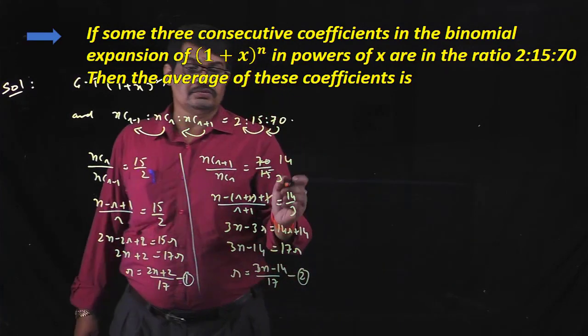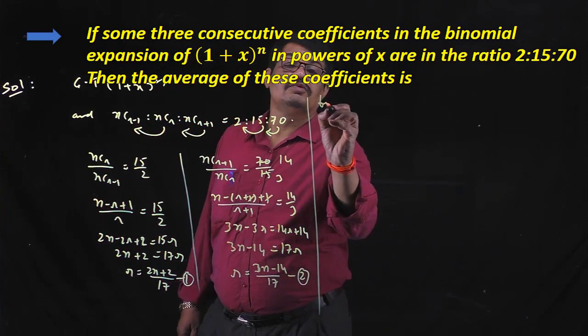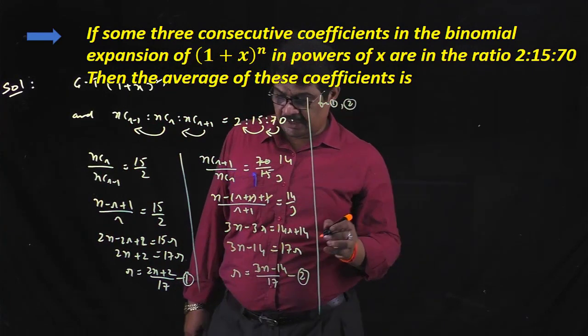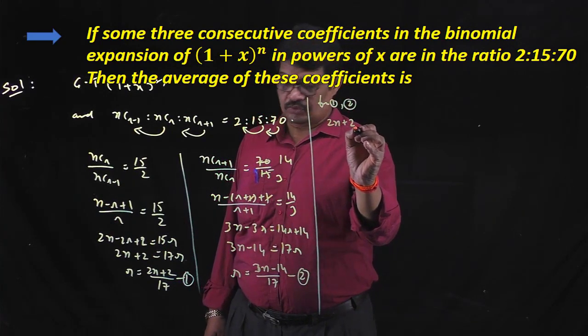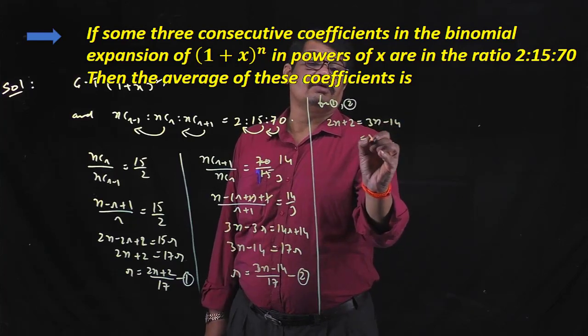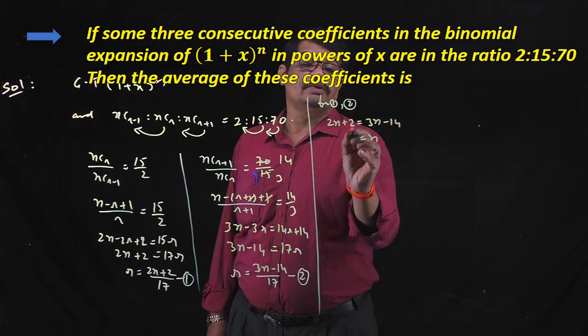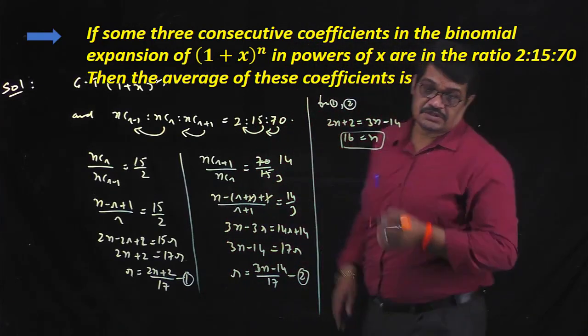From 1 and 2 we are equating these two, that is 2n plus 2 is equal to 3n minus 14. So from that n is equal to 14 plus 2, that is 16. We are getting n value is 16.